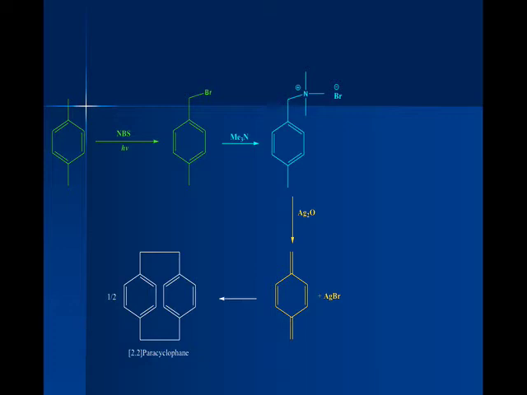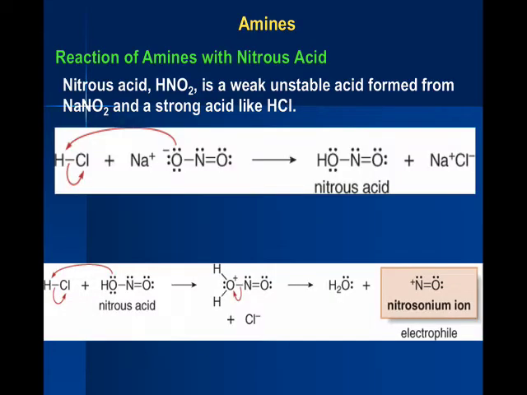We won't get too much into that today. But we used a Hofmann elimination basically to generate the reactive intermediate that does this type of chemistry. Okay? So let's talk a little bit more about what we can do with amines. Amines will react with a molecule known as nitrous acid. And nitrous acid is generated very, very easily. You take hydrochloric acid, you take sodium nitrite, and these things react to form nitrous acid.